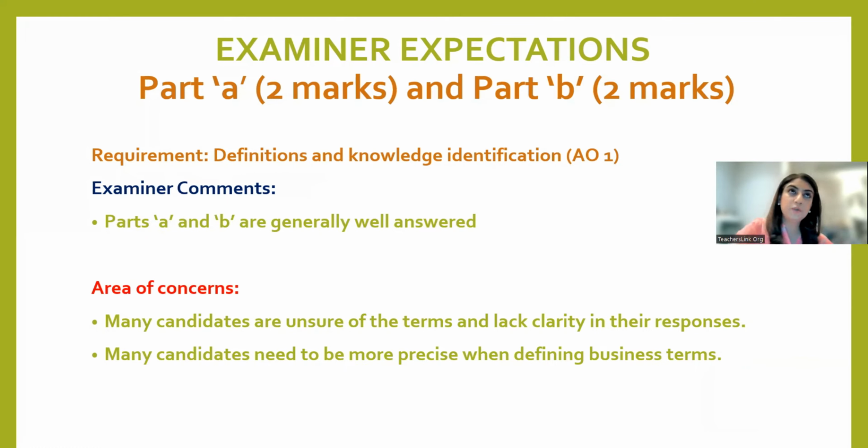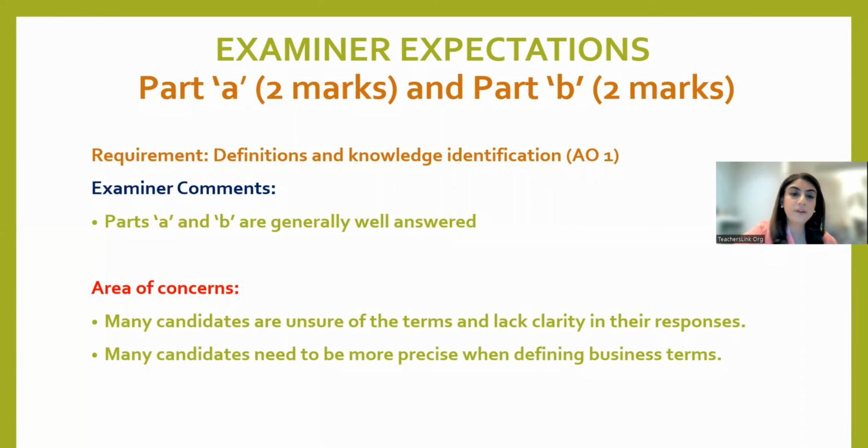For example, if you're talking about market share and don't remember the exact definition, you could mention that market share means the business that has the maximum number of sales, or that gives you an edge over your suppliers, something like that. If it clarifies to the examiner that you know what you're talking about, you might get another mark. So even if you are not 100% clear, try to give at least 2 points related to it.